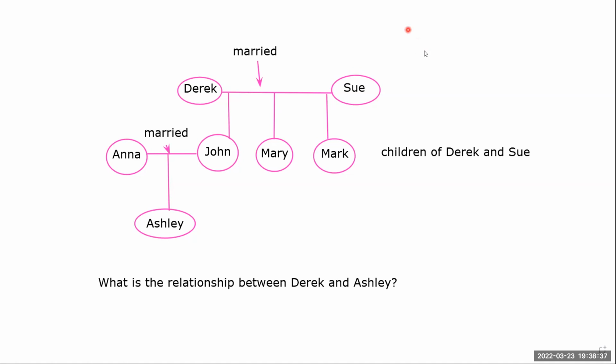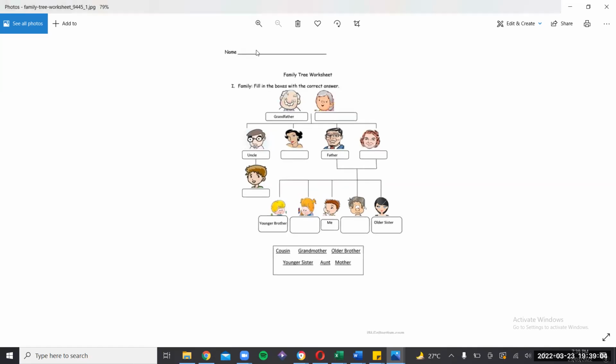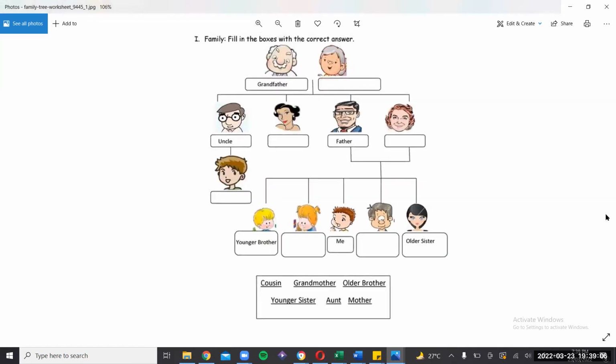All right, let's try another family tree, one that's a little bit longer. So I'll give you one with some pictures this time. So this might be a little more helpful to actually see some faces.